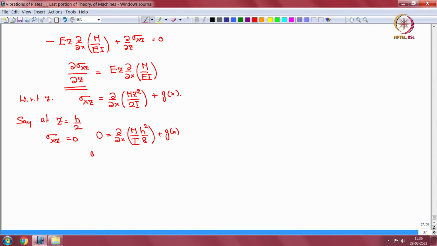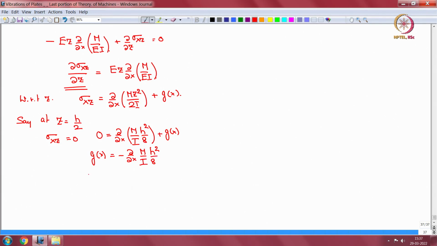Then that gives me a definition for g of x as minus del by del x of M over I h square by 8.